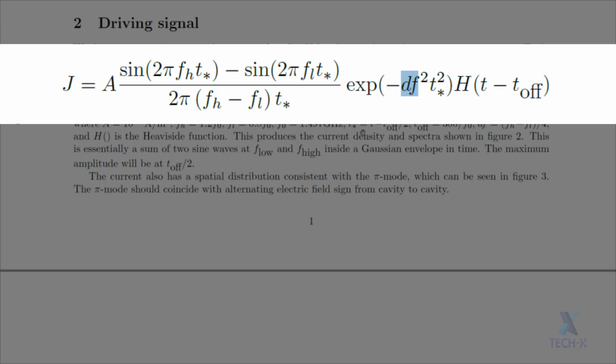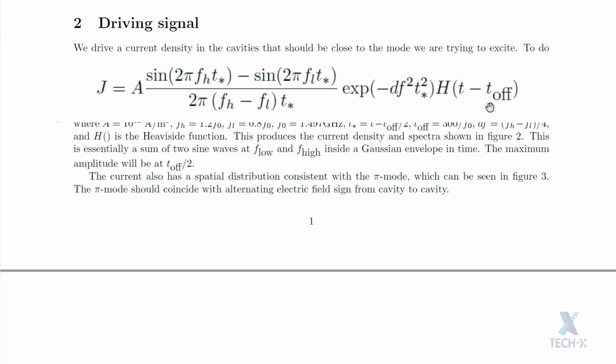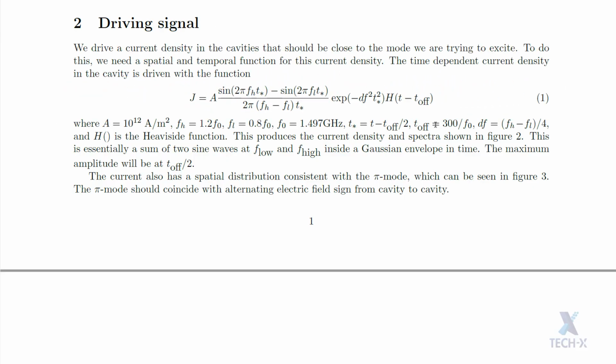And that df is defined as the difference between the high and the low frequencies. In this case, that was roughly 600 megahertz, and then divided by 4, so roughly 15 megahertz. And then that's all multiplied by this Heaviside function that turns the signal off after t off amount of time.